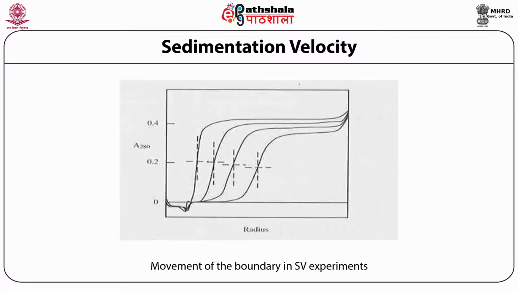Remember, the sedimentation coefficient depends directly on the mass of the solute particle and inversely on the frictional coefficient, which is a measure of the size of the solute particle. That's why, if you measure the sedimentation coefficient, you can easily calculate the molecular mass, or the mass of the substance of interest.